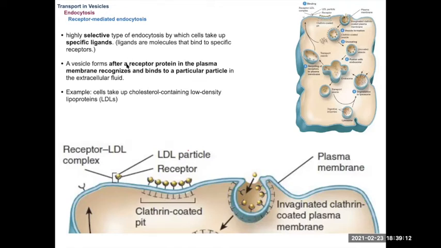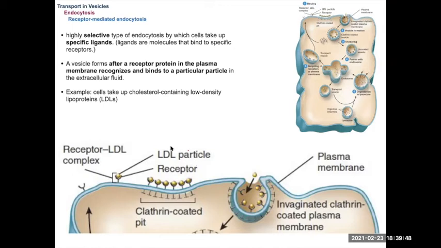And this one, just like the viruses do, in that case, there is a receptor called the ACE2 receptor that it binds to, and then those ACE2 receptors are going to be associated with these clathrin molecules. So you have this clathrin-coated pit that causes this invaginated clathrin-coated plasma membrane, which forms this vesicle over here, and then the cell does whatever it might do with them.